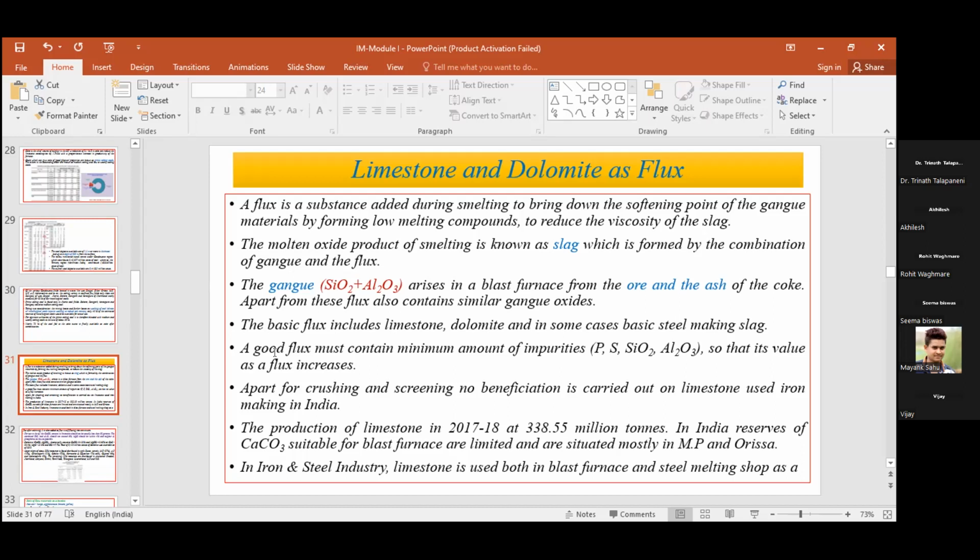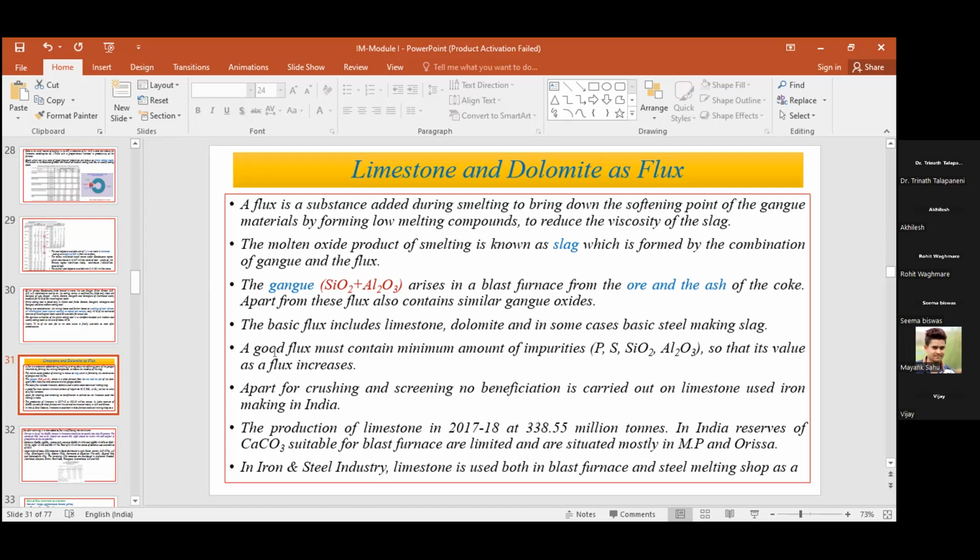Especially Indian iron ores are basically high alumina siliceous ores. So we have a high amount of Al2O3 ranging from 15 to 25%, and SiO2 is available along with it. And these two are refractory oxides having melting points greater than the iron making temperatures.